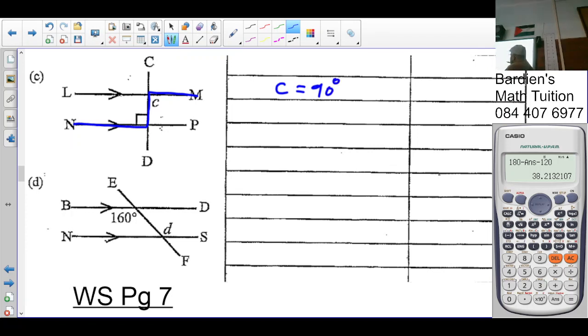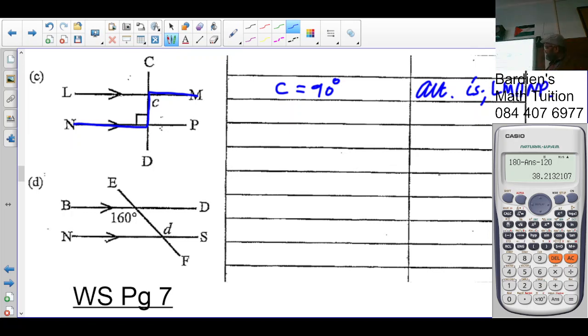Why? Alternate is the Z. So alternate. Alternate angles with? Where do you get BD? LM is parallel to NP.